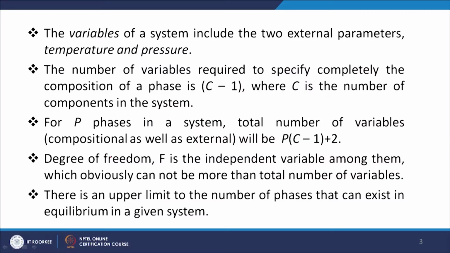Normally for a system you have two external parameters, that is temperature and pressure. Now, if C is the number of components in the system, then the number of variables required to specify completely the composition of a phase is C minus 1.